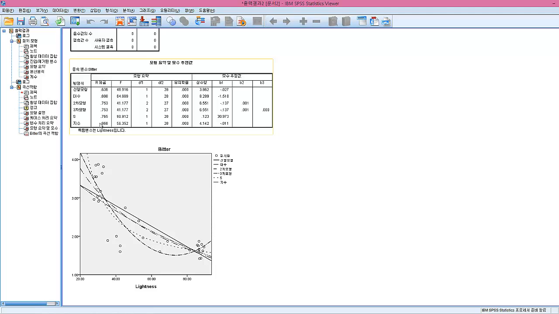And I personally would take the linear model, because although it has a smaller R square, the difference from the other models is relatively small, and it's much simpler than the other ones. So I would take the linear model.